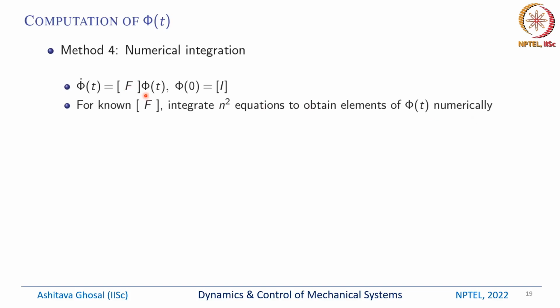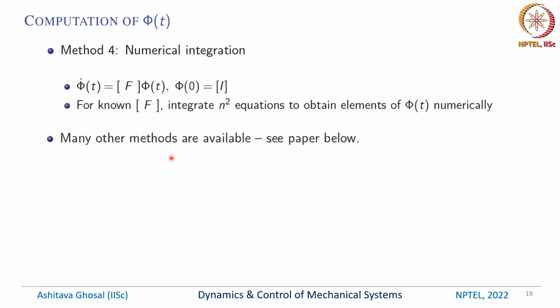So this can be integrated numerically using some code like in MATLAB. This is a way to obtain e to the power ft, which is phi of t, by solving these n square differential equations, and these are ordinary differential equations, linear because f is constant.